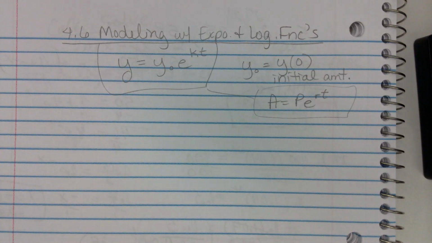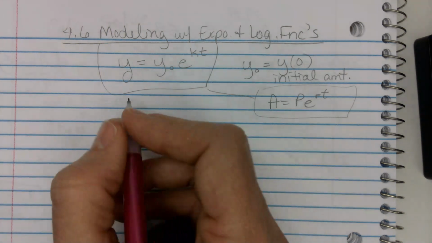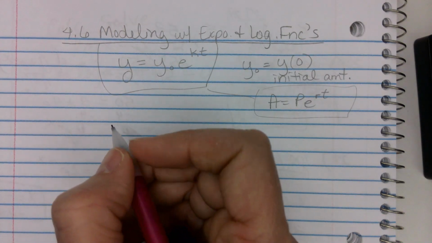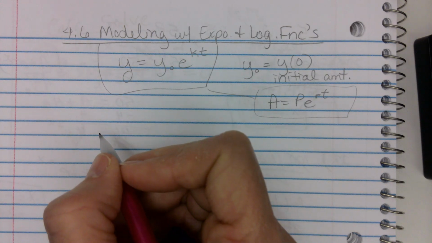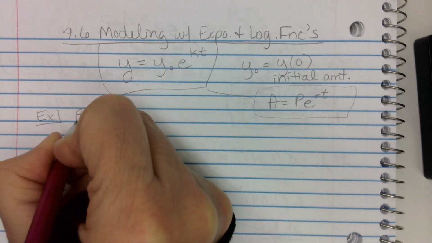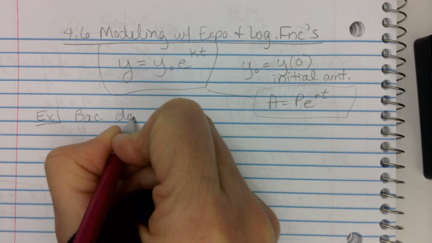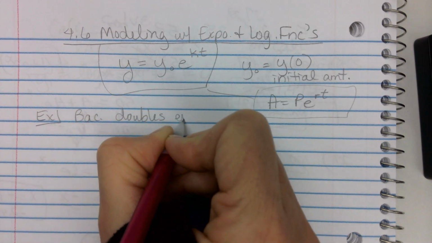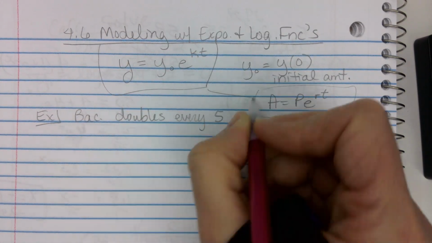Now if you ignore me and go by what the book does, you're going to have at least three different types of problems that they're going to try to tell you to do. One of them is doubling time. Say we have a type of bacteria that doubles every 5 hours.